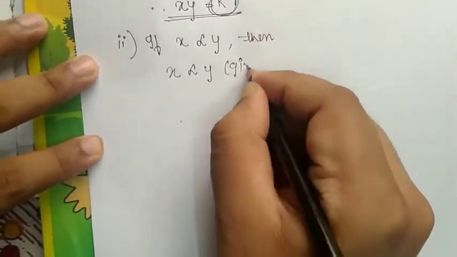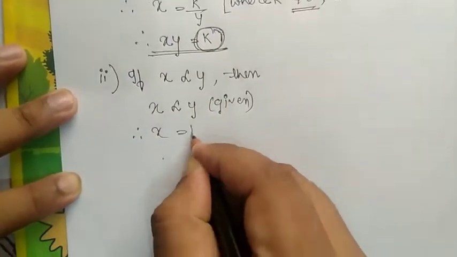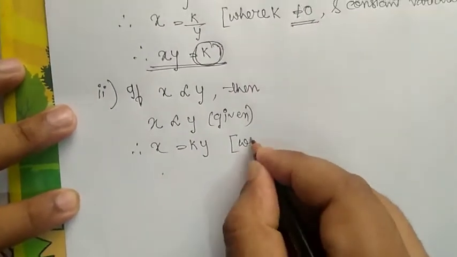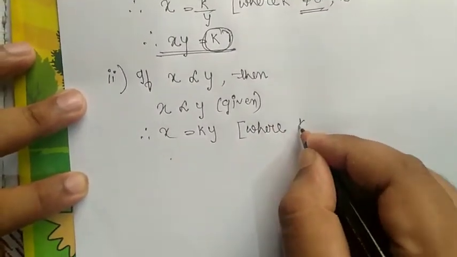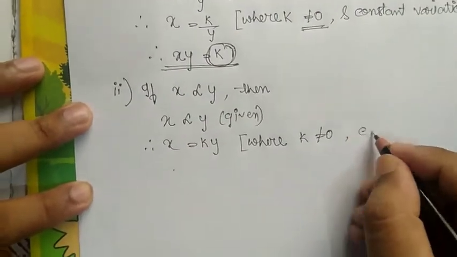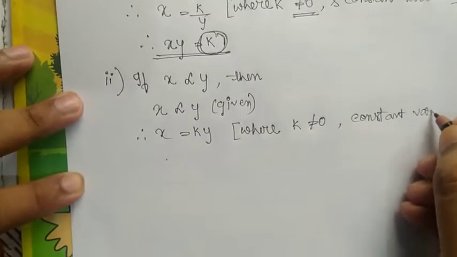So if this is given, we can say x equal to ky, where same as k not equal to 0 is a non-zero constant variation.